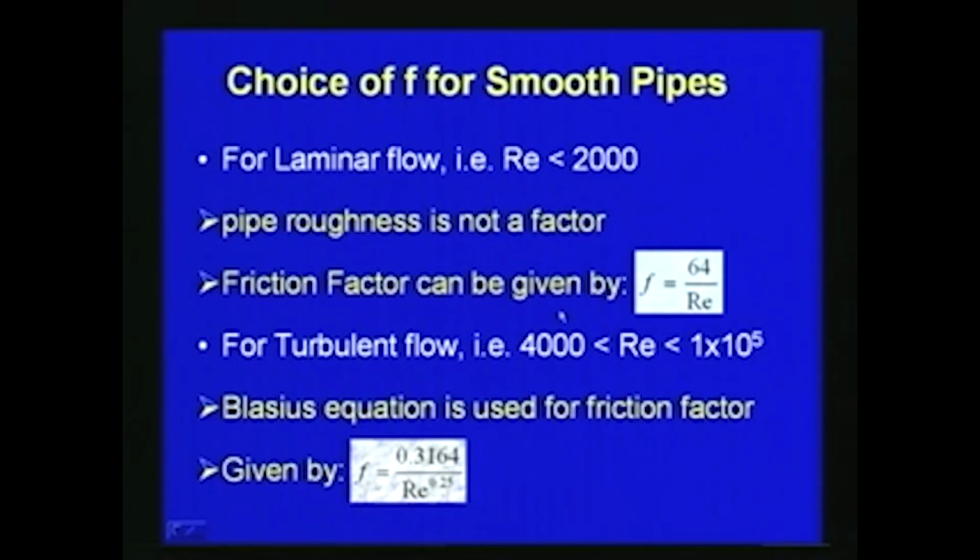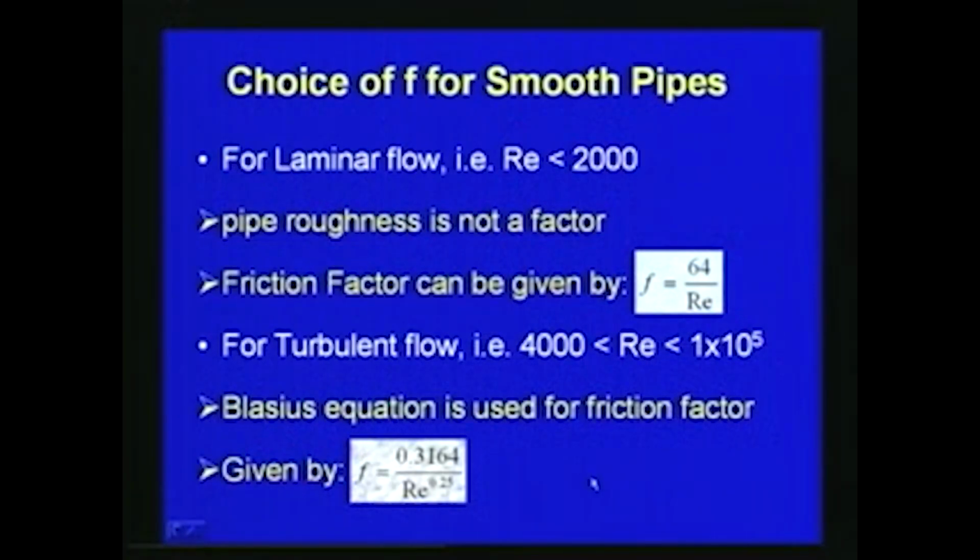Like this, for various conditions based upon various experiments and some empirical relationships, the friction factor has been calculated for various kinds of pipe flow, pipe materials and roughness factors.